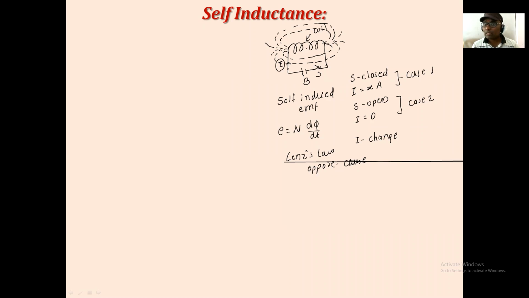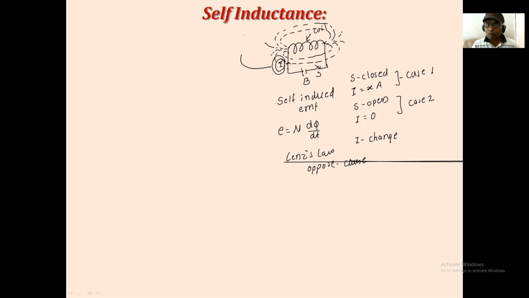It means that every coil has a tendency to oppose the change in current through it. Note this: every coil has a tendency to oppose the change in current through it.